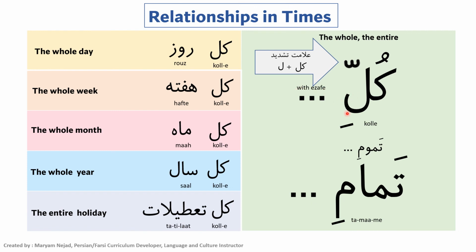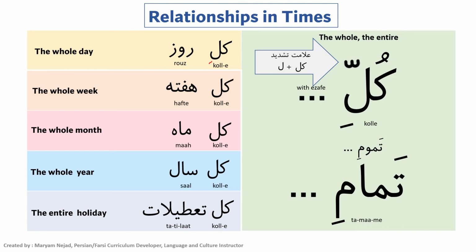And then of course we need ezafe to connect to whatever comes after that. Or we can say tamame, which in the spoken language we say tamume. For example, here, kolle ruz. So remember, there's an ezafe here to connect kolle to ruz. Sorry, that was a very bad ezafe. Let me try again.